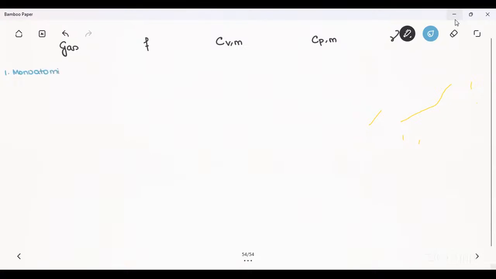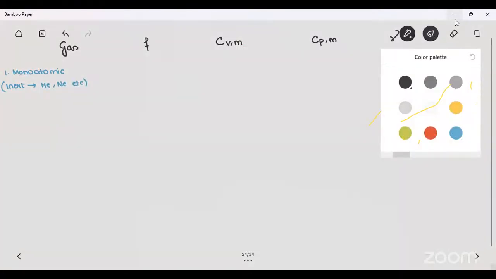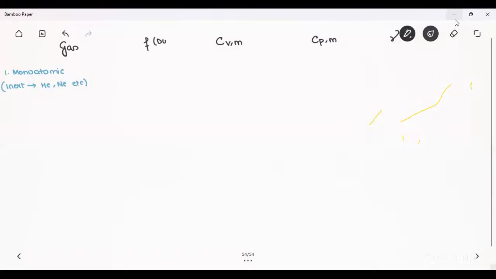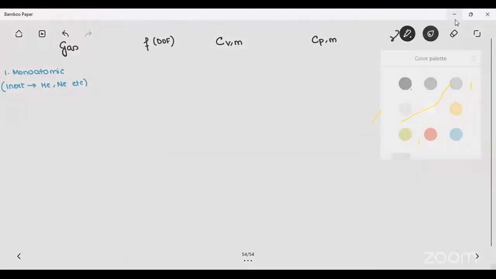What is a monoatomic gas? Monoatomic gases are inert gases like helium, neon, etc. F means degrees of freedom. What is F? F is the degree of freedom.